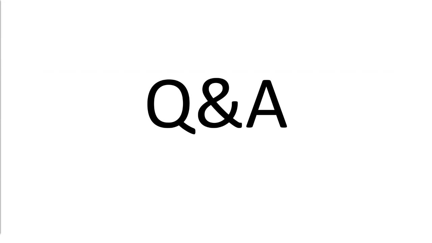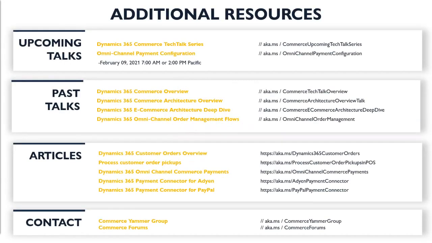Before I turn it over to Evan, I just want to mention some additional resources. As I mentioned, here's the next talk around omni-channel payments configuration. Please do check out these past talks. Omni-channel order management flows is very good, and that really should be required reading before this session. That one happened last week, I believe.